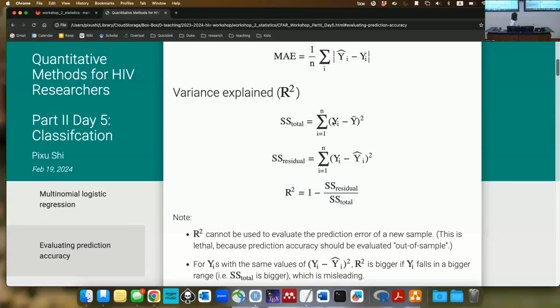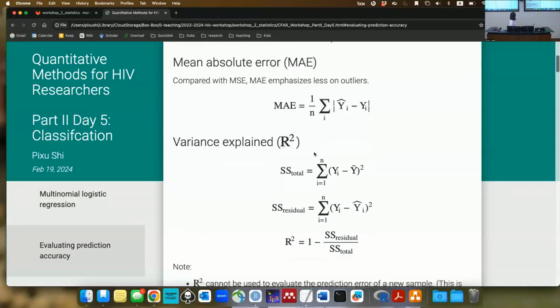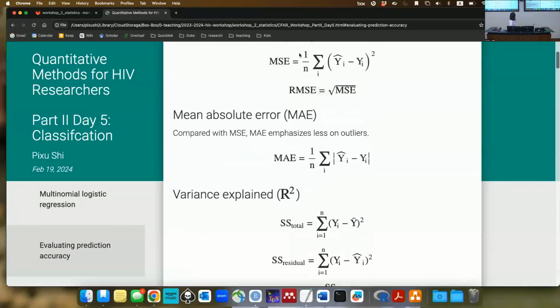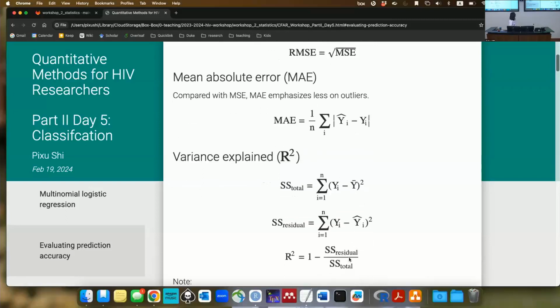R-square is defined as the residual sum of squares over the total sum of squares. The residual sum of squares is just similar to the MSE, the mean square error, just without the n. So the difference between this R square and mean square error is mainly that you're dividing it by the total sum of squares. So what difference does it make?